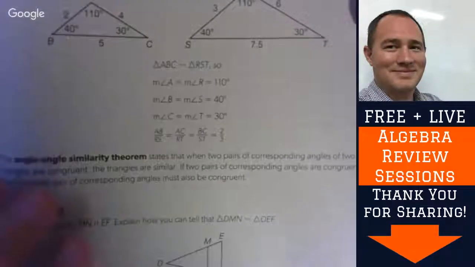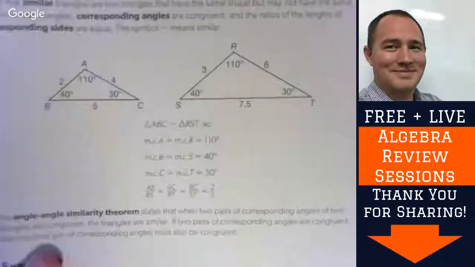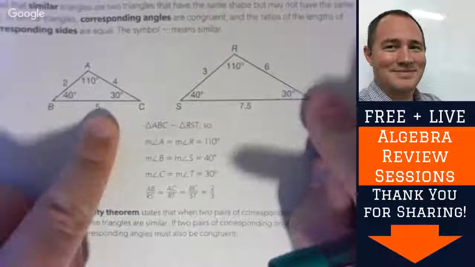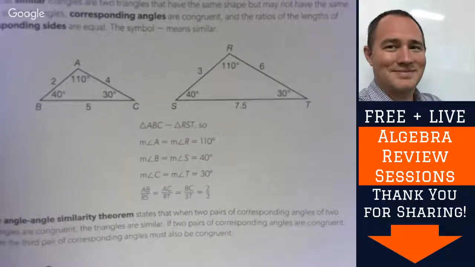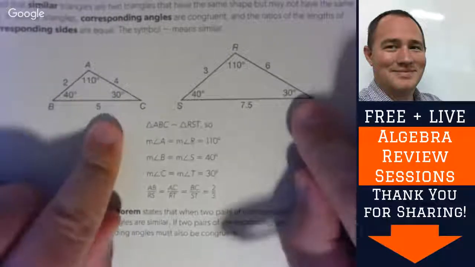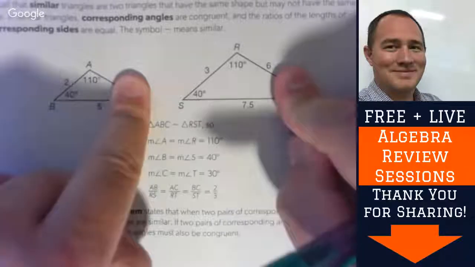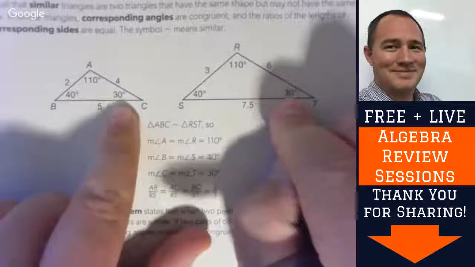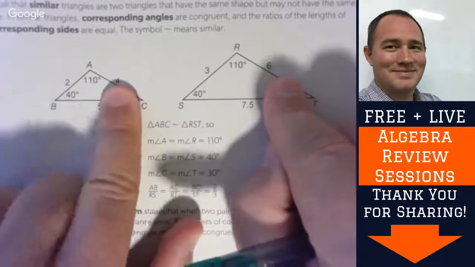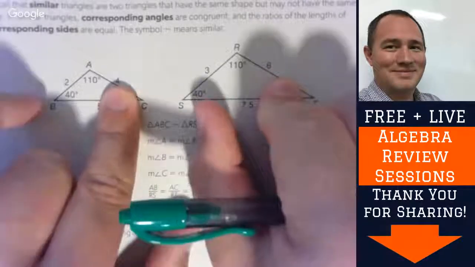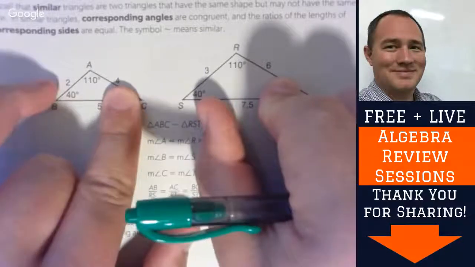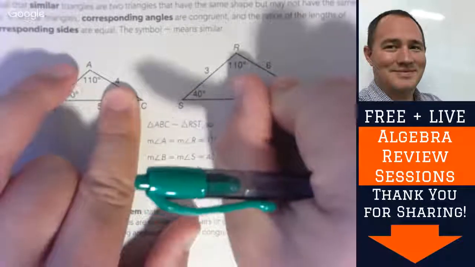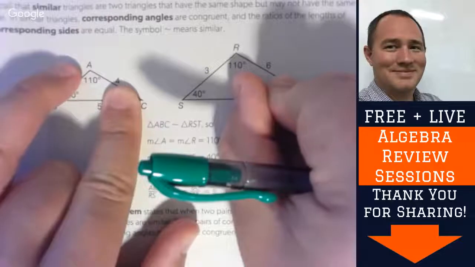So it's essentially stating that if we wanted to prove that these two triangles were similar triangles, and we did not know what this one over here was, we didn't know that it was 30, we wouldn't need it to prove that we were dealing with similar triangles, because the corresponding angle over here is 40, and the corresponding angle on top is 110.